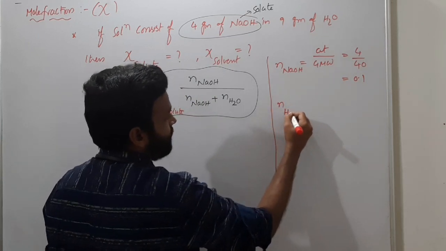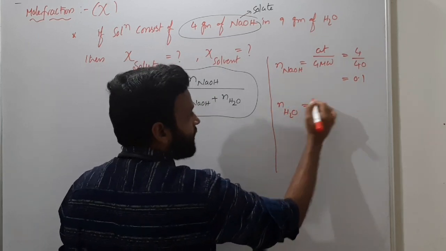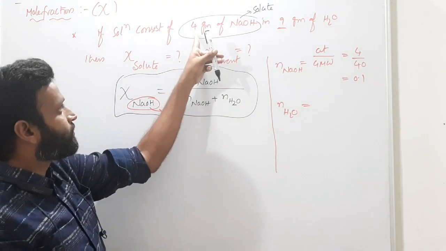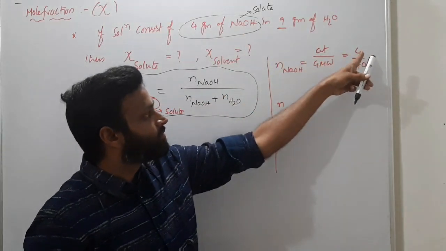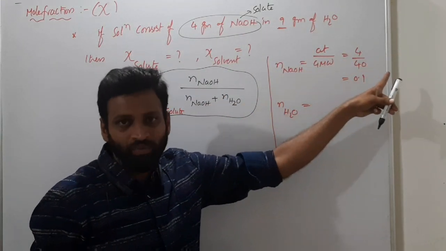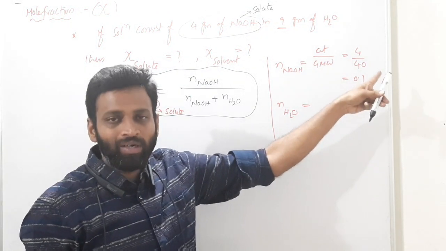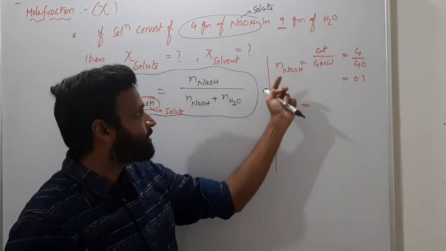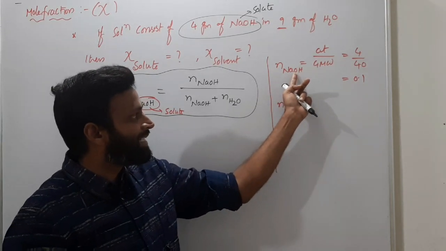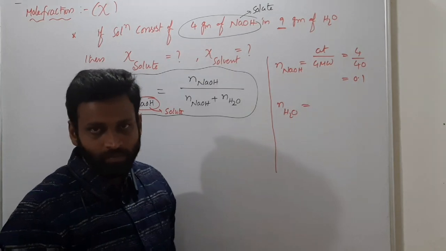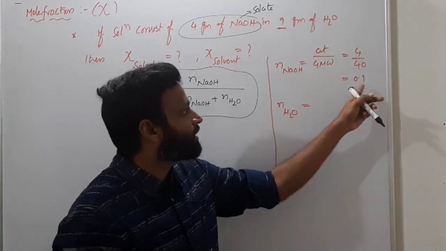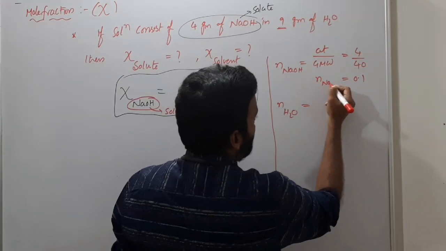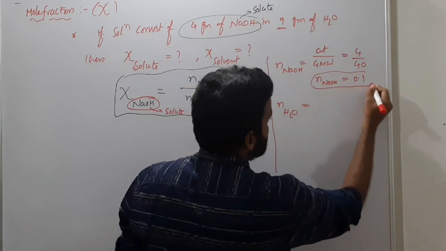The weight of solute given is 4 grams, and 40 is the gram molecular weight of sodium hydroxide: sodium 23, oxygen 16, hydrogen 1. Got it clearly? So 4 by 40 gives 0.1. So the number of moles of NaOH is 0.1.